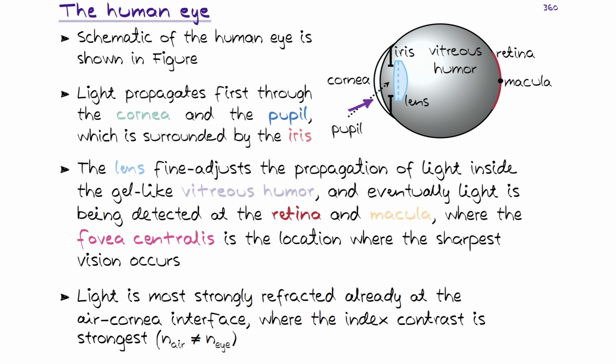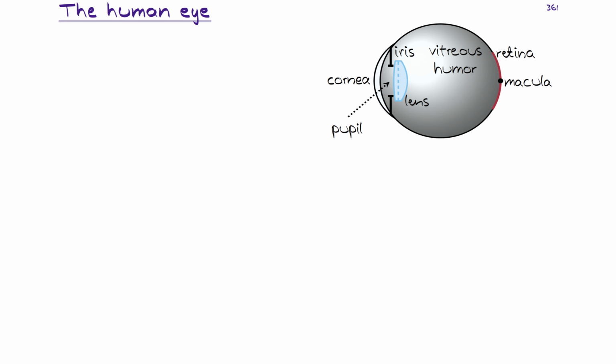Most of the power of the eye, when thinking of our human eye as a single lens, is responsible at the air-cornea interface, and the lens itself only makes fine adjustments to the lens power.